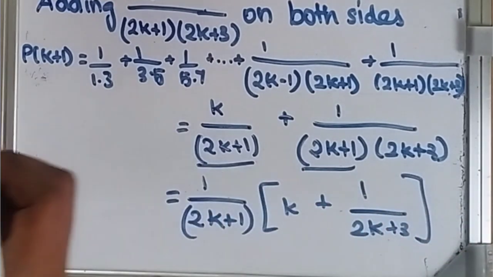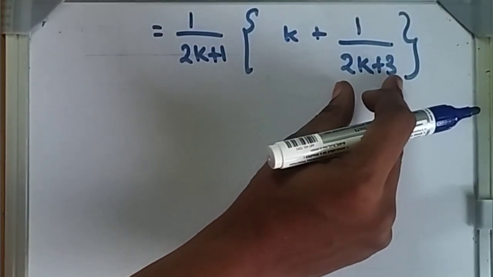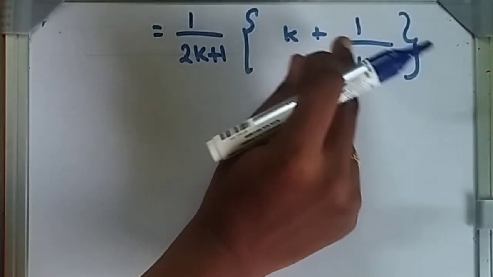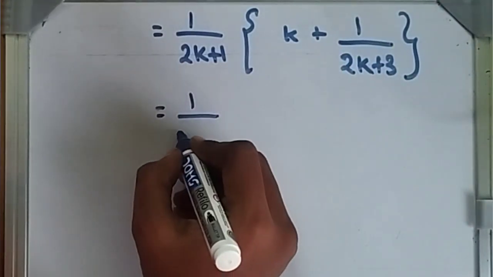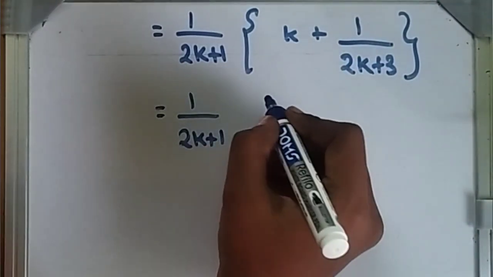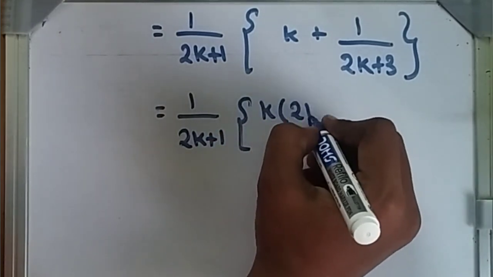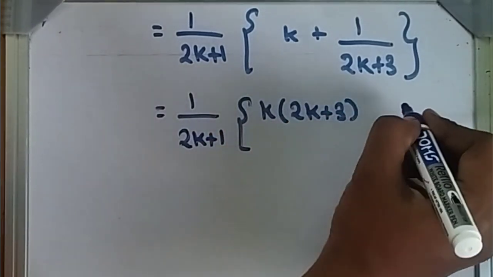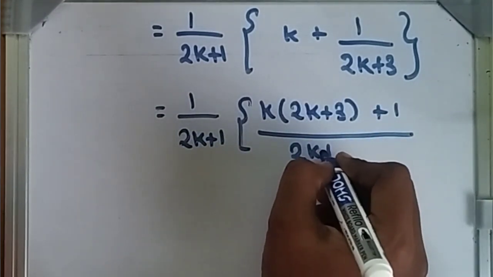Clear? Clear. Okay. So now we are going to cross multiply this one with k. So it becomes 1 divided by 2k plus 1 multiplied by k times 2k plus 3 plus 1, divided by 2k plus 3.